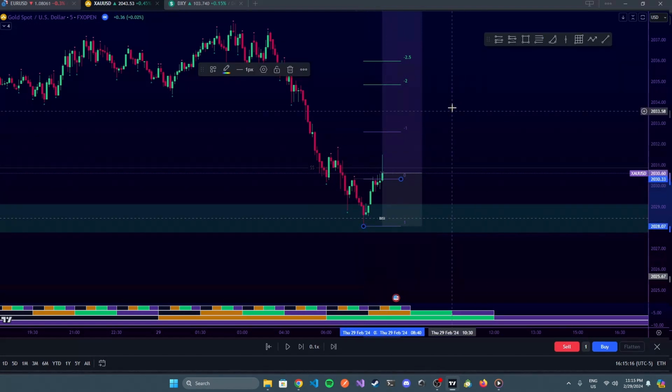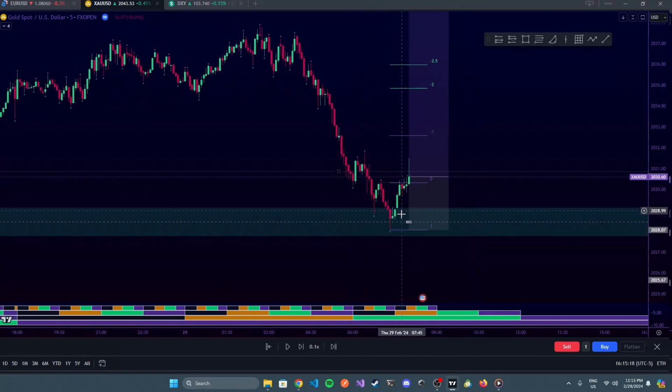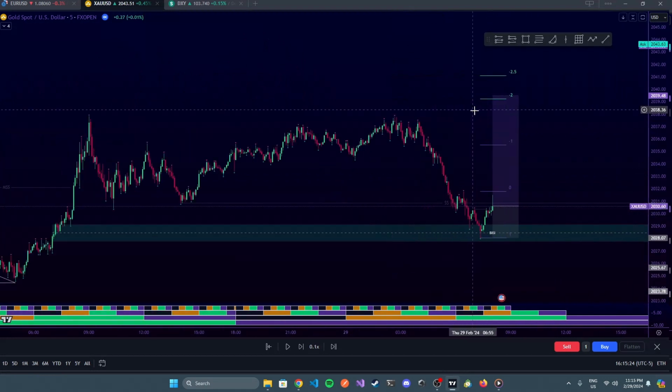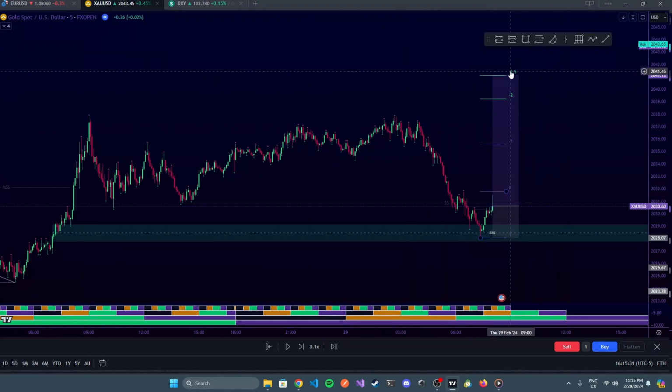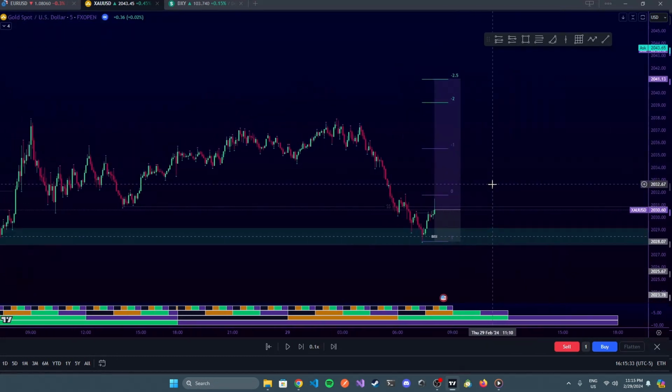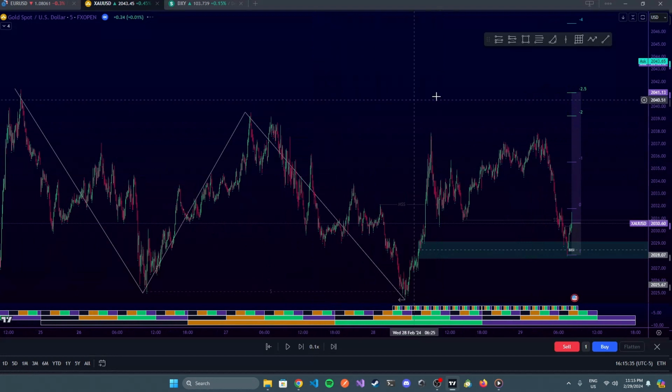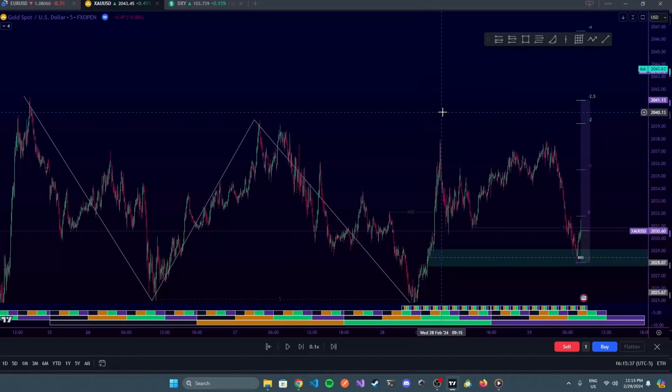breaks structure, you could then have an area which you could target for, this entire leg, a take profit, and I could move my take profit to right about there, the negative 2.5 standard deviation, which is a perfect area to start looking for taking your profits.